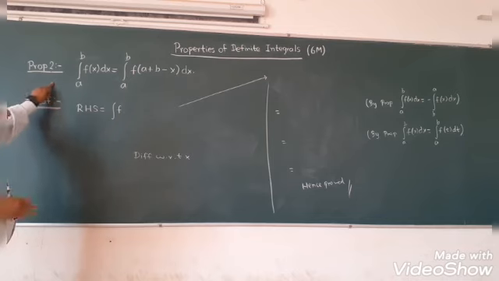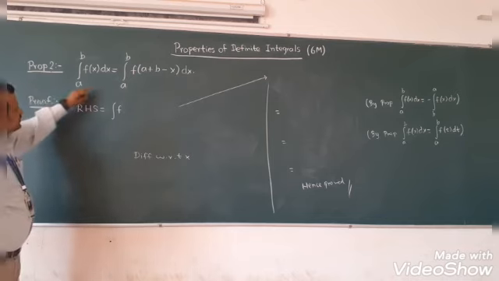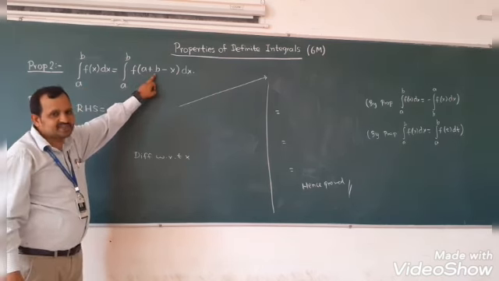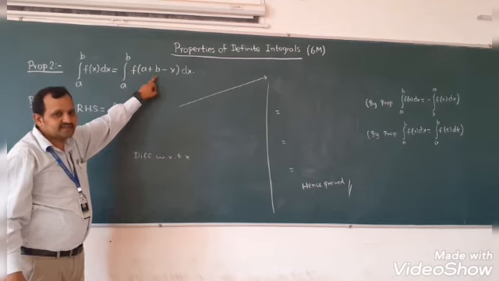The last property and this property both are the same only, right? So a plus b is what in the previous case 0 plus a. So what we got, a minus x.